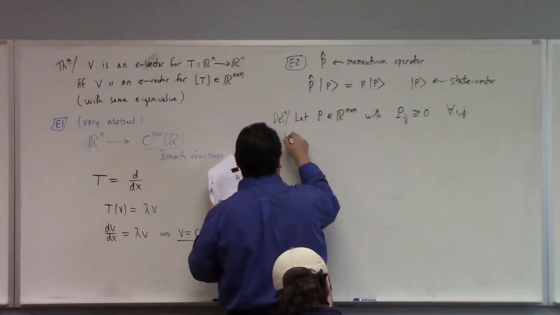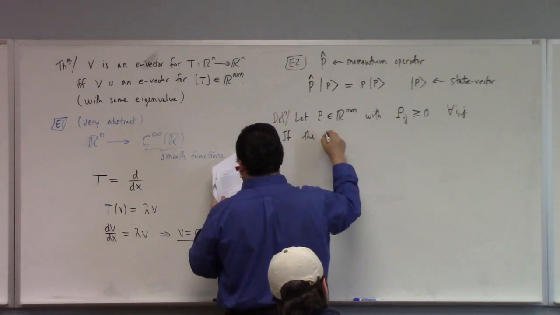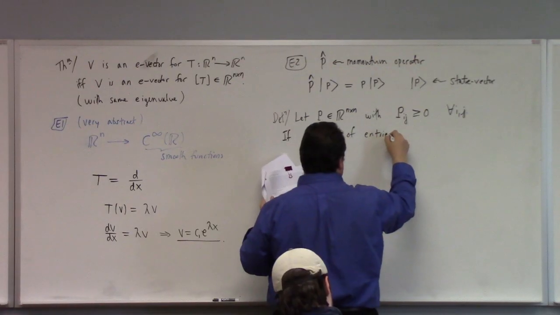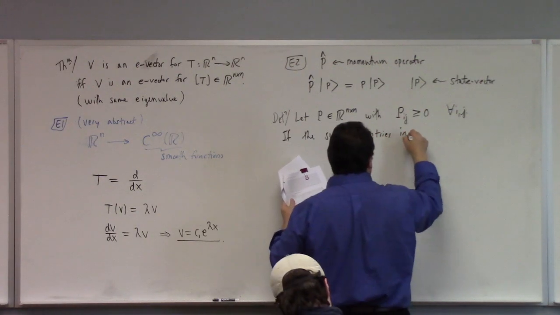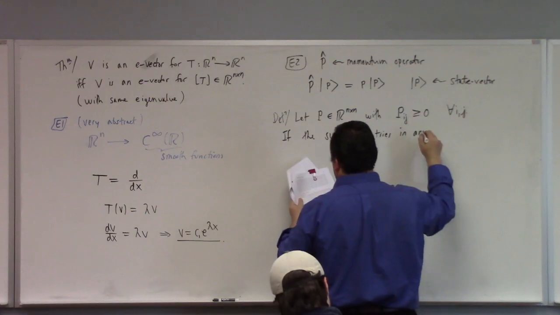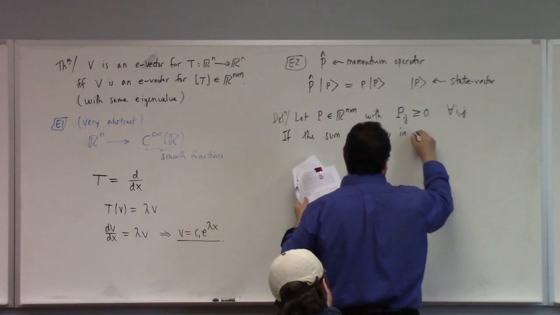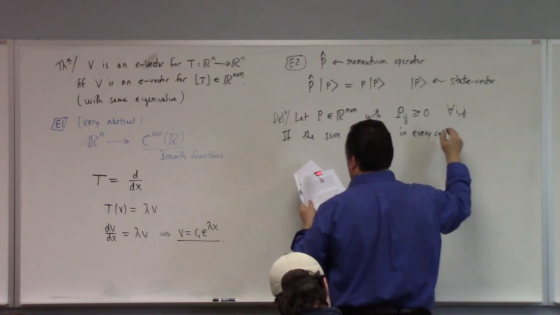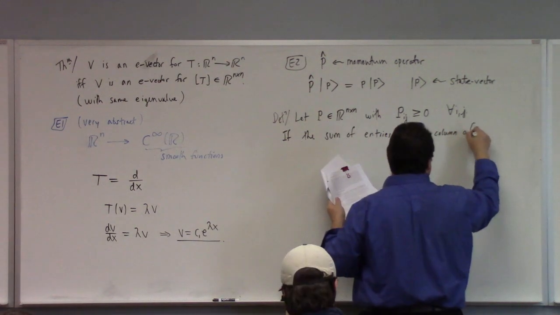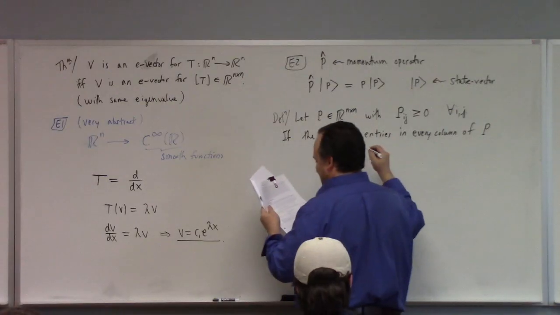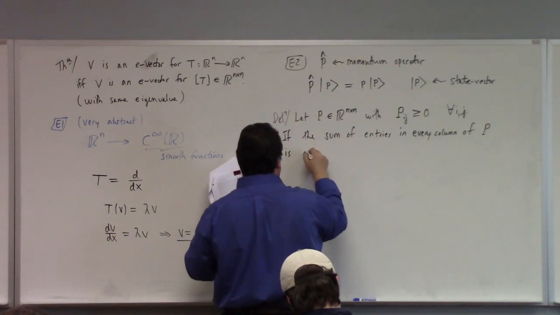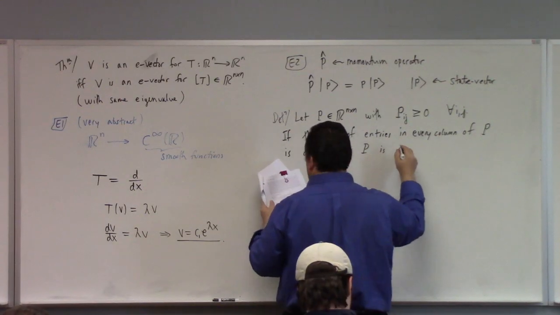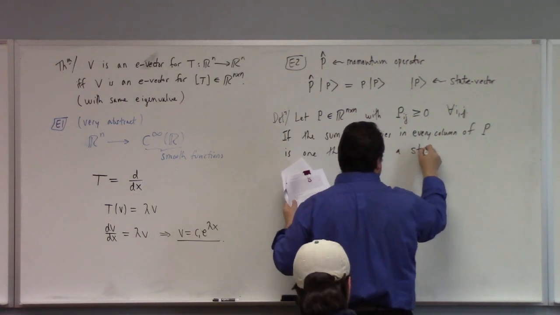If the sum of entries in any column, I really prefer to say every column, of P is 1, then P is a stochastic matrix.